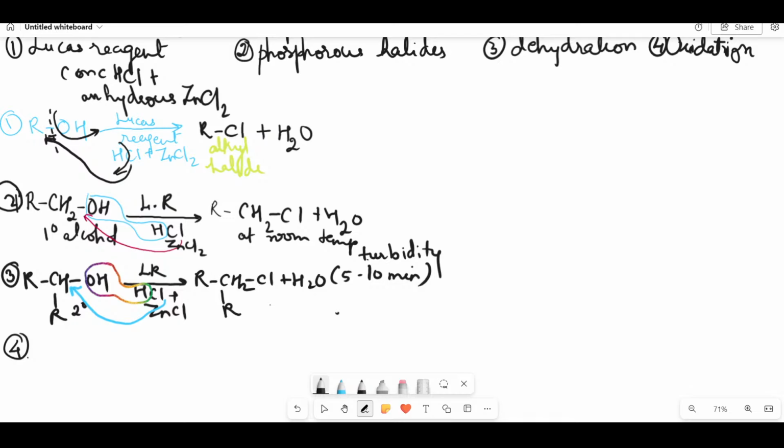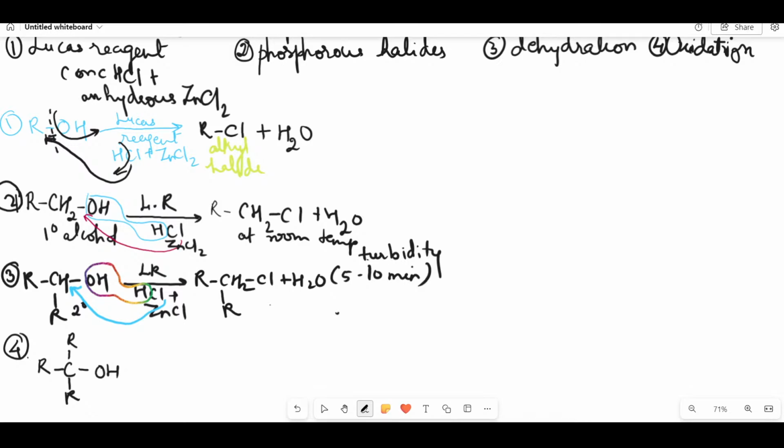Let us see with the tertiary alcohol. We can take this R group the same, or we can take R, R prime, R double prime, either the same alkyl groups or different.